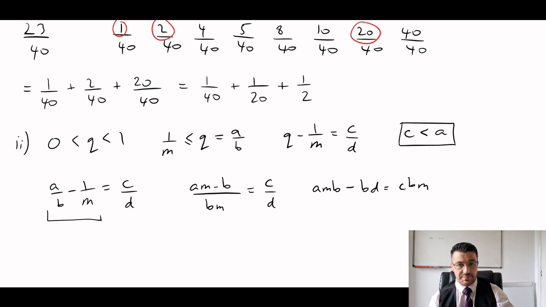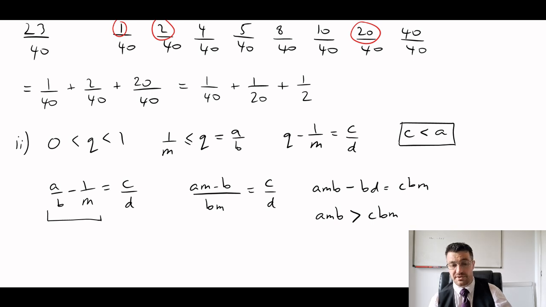Then, because B and D are positive integers, AMD minus BD is going to be less than AMD. So I concluded that AMD is greater than CBM.